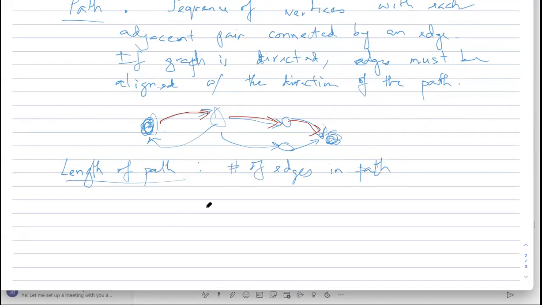All right, so obviously when you are having just a single node and we are looping around, the length of this path is going to be equal to 0.